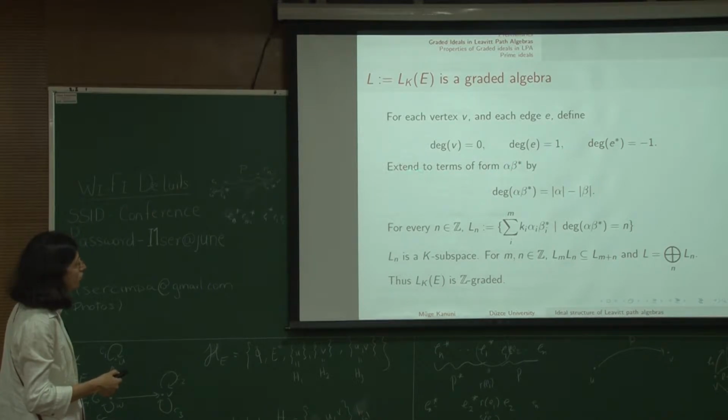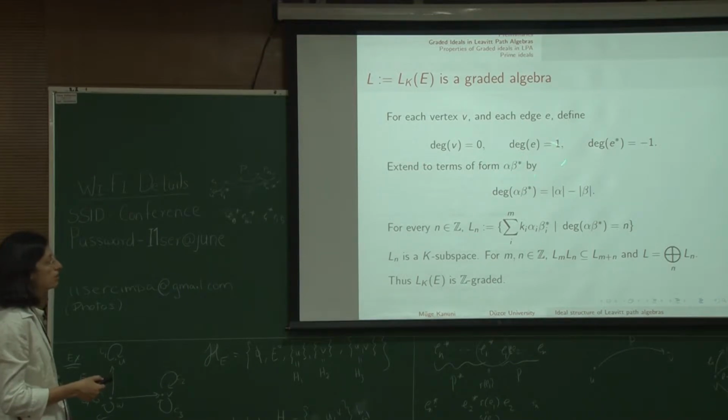And if you have a term of the form alpha beta star, that we have seen, they are the ones that generate the Leavitt path algebra.